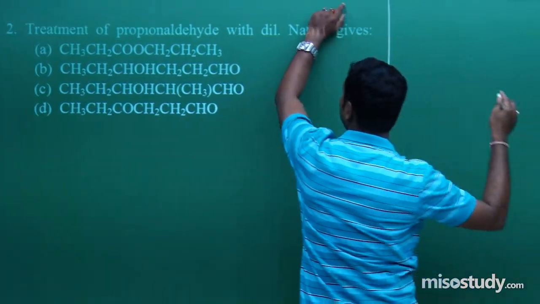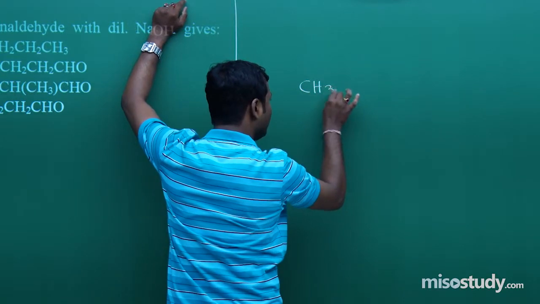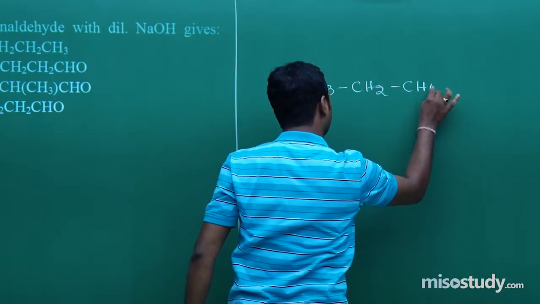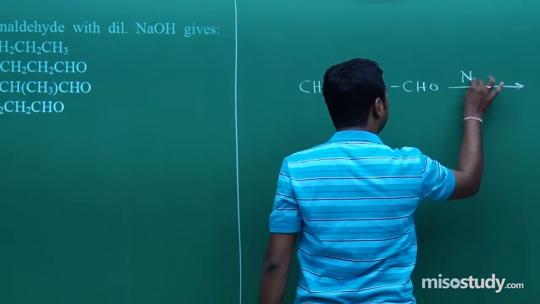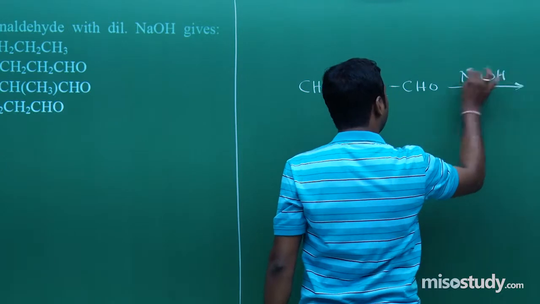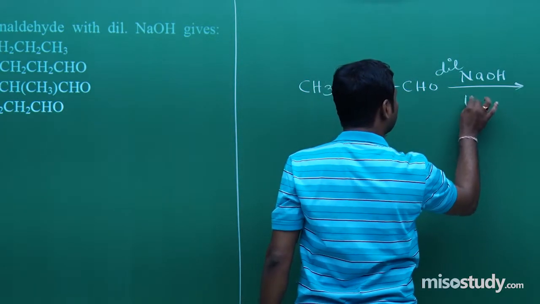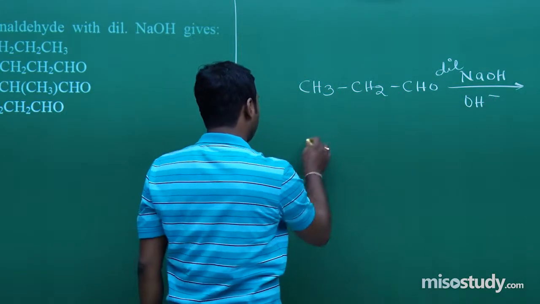Treatment of propanaldehyde, that is CH3 CH2 CHO. Clear? On treatment with dilute NaOH, the base OH minus, what will happen? Check it out.